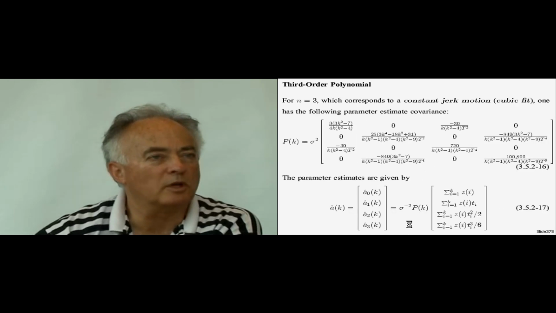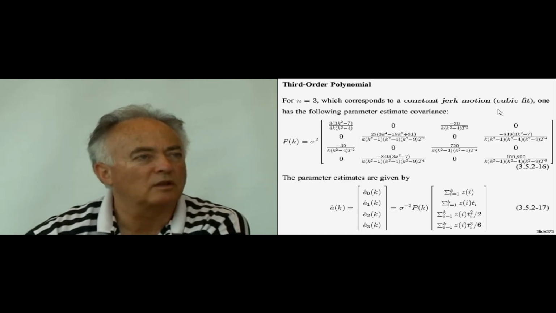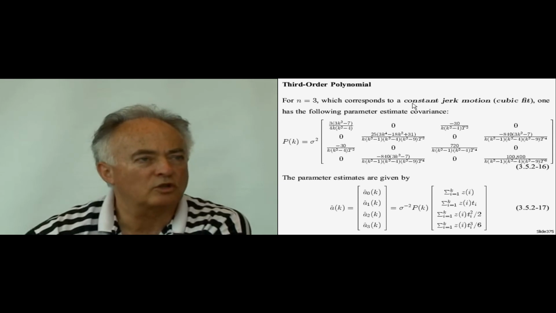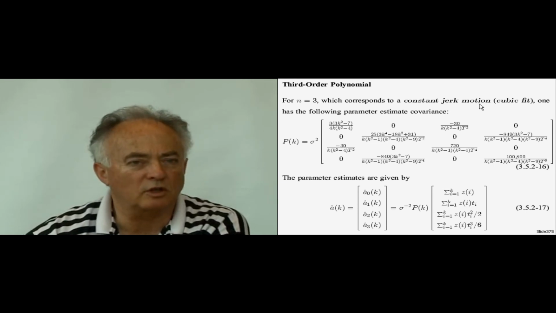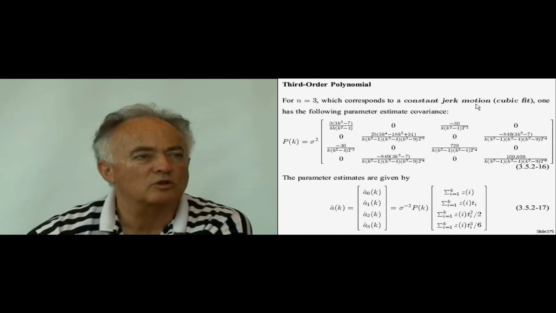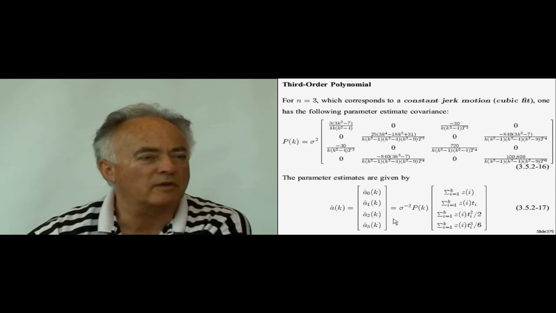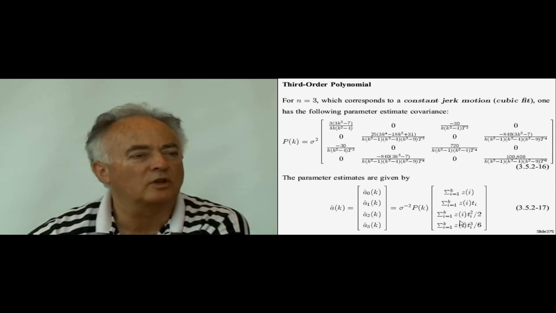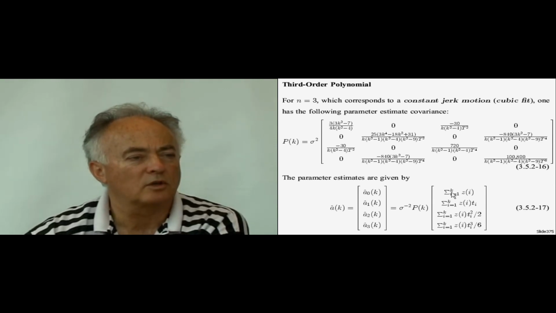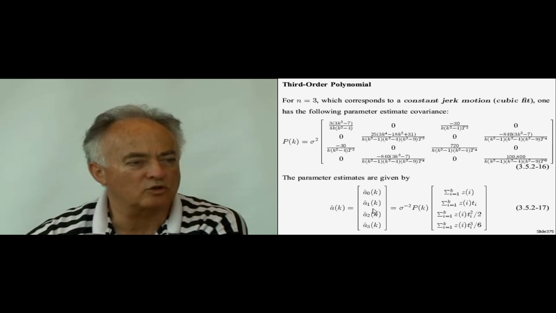Third order polynomial is a cubic fit, also called constant jerk motion, because jerk is the derivative of the acceleration. So we have four parameters: position, velocity, acceleration, and jerk. That's why it's a 4 by 4 matrix, and we have explicit expressions based on these sampling times of the estimates of position, velocity, acceleration, and jerk.